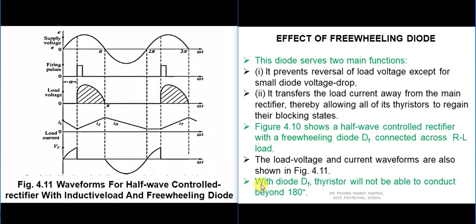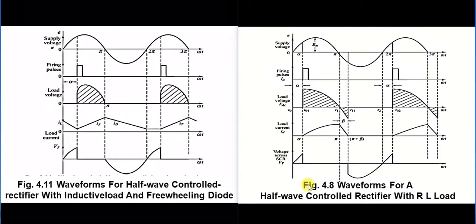So with this diode, the SCR is not able to conduct beyond 180 degrees. So we can see that after 180 degrees, after pi, there is no load voltage. It is removed. If we compare these two waveforms, we see that in figure 4.8, we are obtaining a half waving.